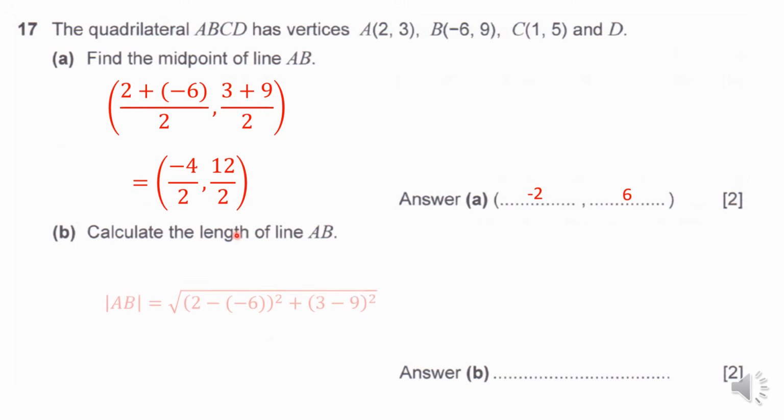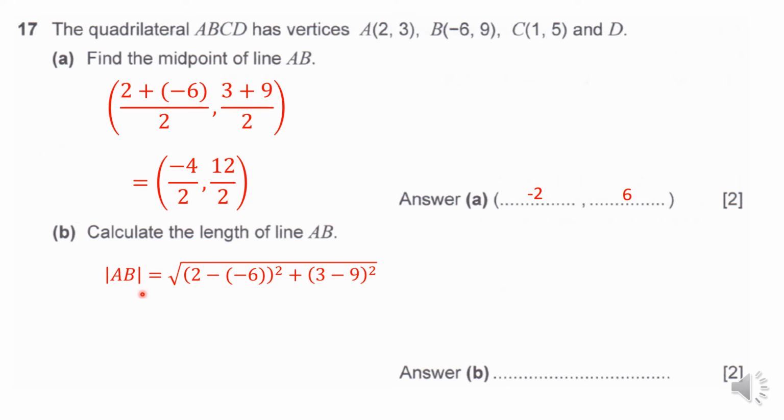Finding the modulus of the line, or the magnitude of the line, the length of line AB, you use Pythagoras. When you use Pythagoras, you have to find the distances between your x values. For example, you have got 2 minus negative 6. I'm taking the difference between x values here, square that. Difference between y values, square that. It simply doesn't matter which point you start first.